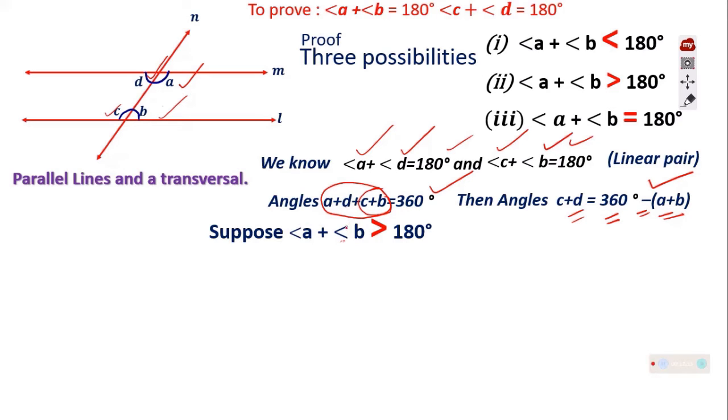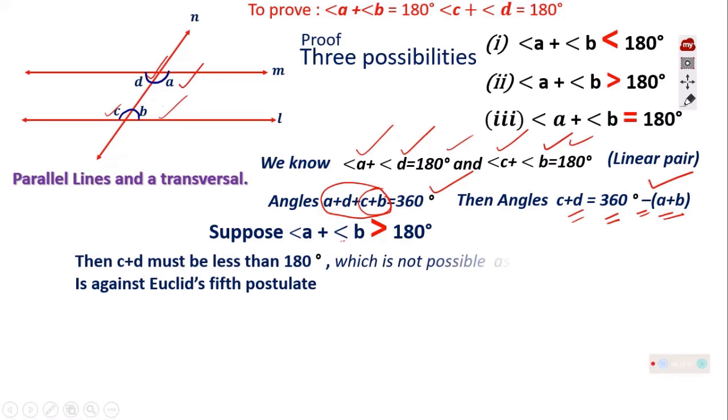Then what remains for C plus D will be less than 180. So we must say that C plus D must be less than 180 then. That is not possible at all.